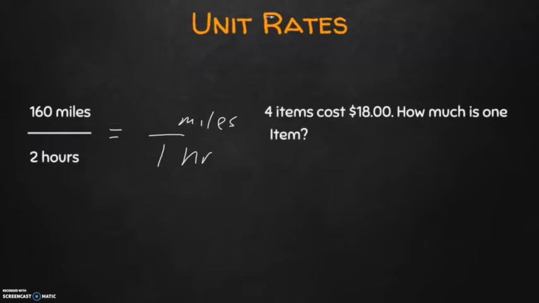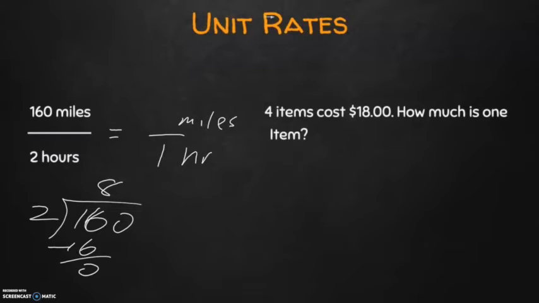So let's just divide. 160 divided by 2. Put that down. So we know that if we go 160 miles in 2 hours, if we're going at a constant rate, then we will go 80 miles in 1 hour.